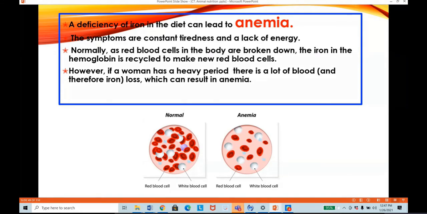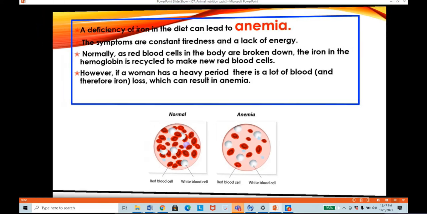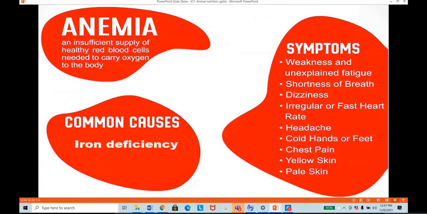You will be prescribed iron tablets, which otherwise are not required if you are including lots and lots of iron-rich foods. In severe cases, you will also be given iron injections, and iron will be given as saline, injected into your body if you are severely anemic.